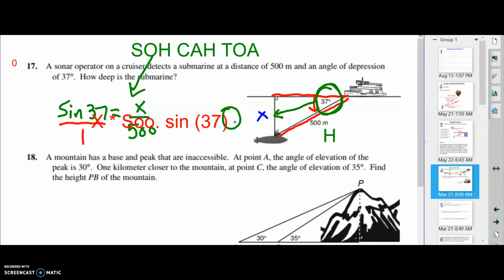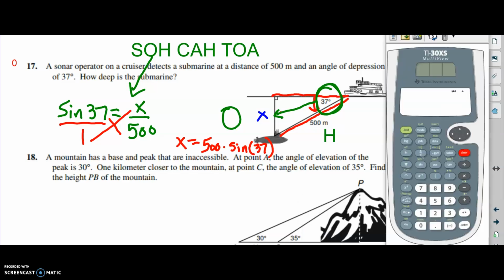If you do not know how to run your calculator, you're going to get things wrong. So please hop on the chat room and have me help you if you can't get it to work out. If you have a graphing calculator, you need your mode to be in degrees, not radians. So you would hit the mode button and make sure degrees is highlighted. The default in a graphing calculator is radians.